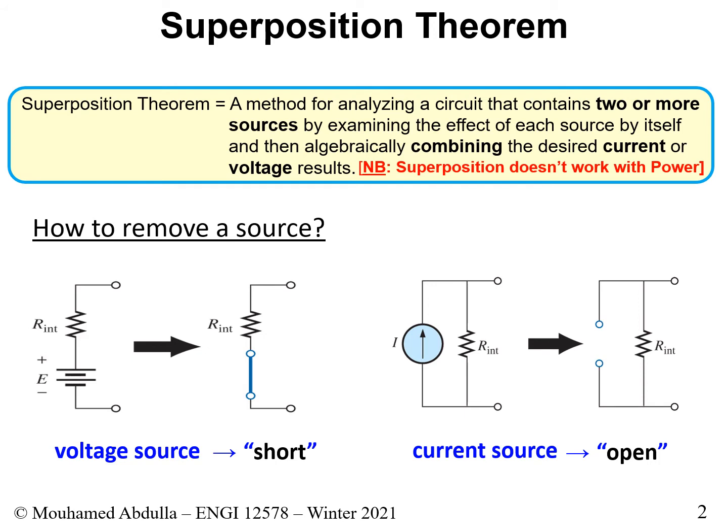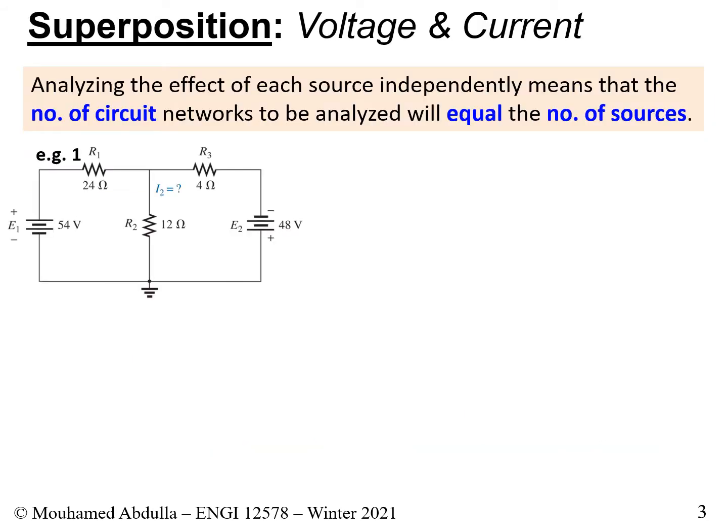We'll do 5 examples in this lecture, and I think that's the best way to really understand how superposition theorem works. As noted earlier, superposition only works with voltages and currents. So when you want to find a specific current or voltage in this circuit, say you're looking for I2, the current that flows into resistor 2, you can certainly apply superposition theorem.